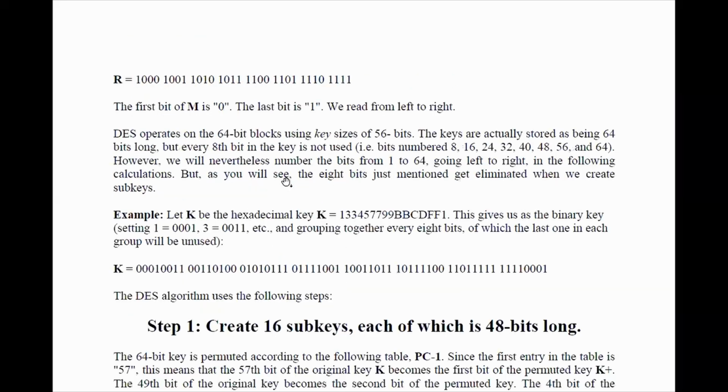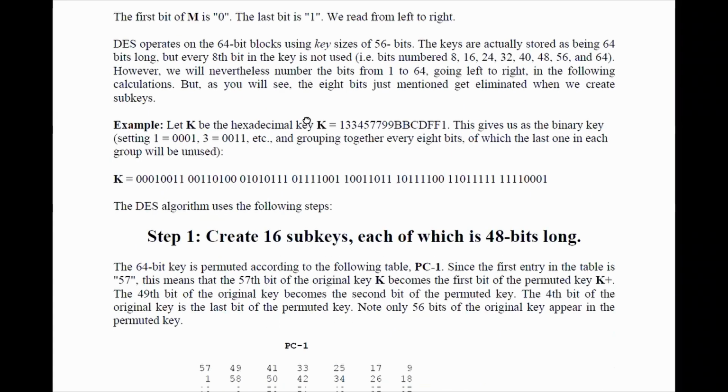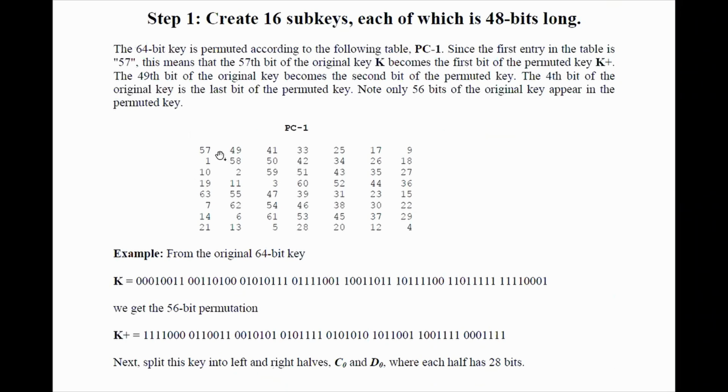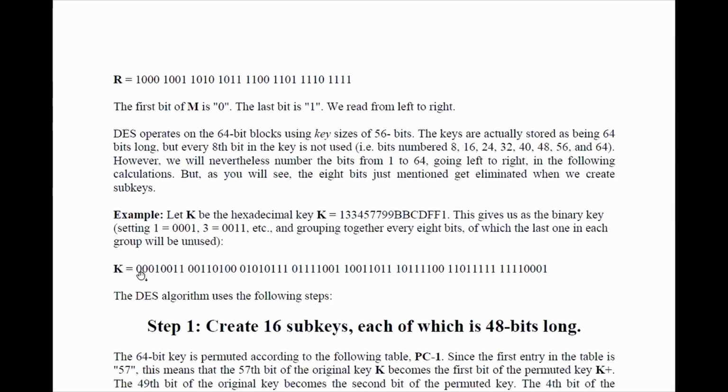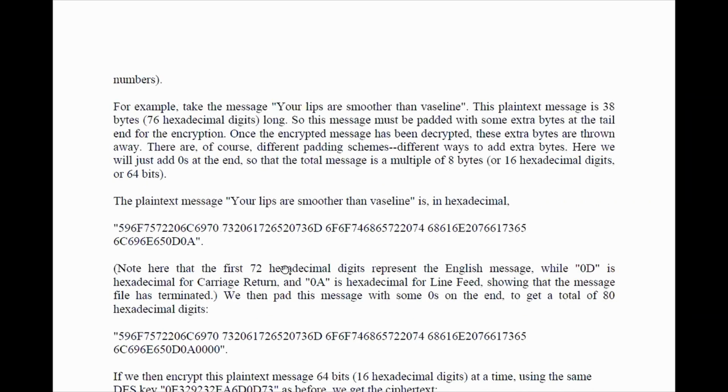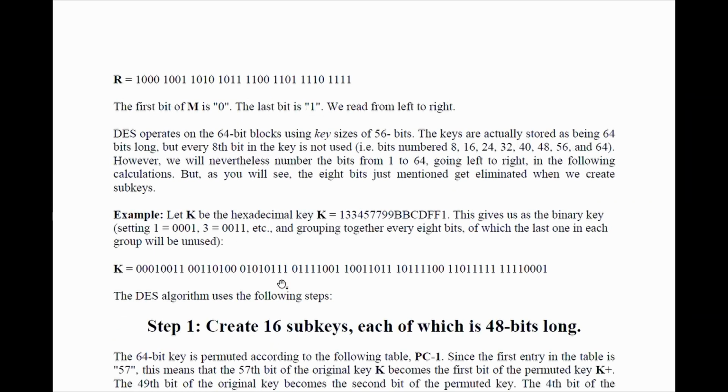See, I'm not working on the values. Let us say this is a 64-bit key that the user has entered. There are two inputs to this program. One is the actual 64-bit data, and the other one is the key.